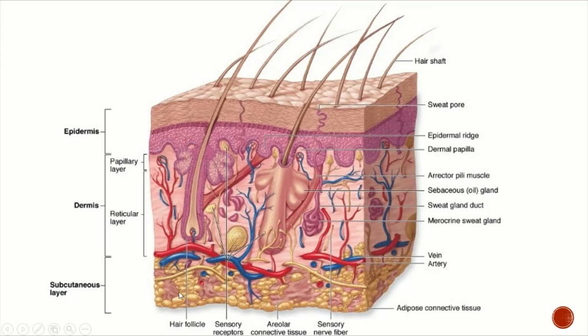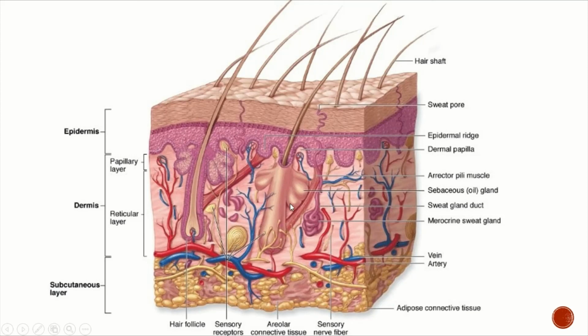The subcutaneous layer has fat tissue and connective tissue. The dermis has, on the subcutaneous layer, that's where the blood vessels and nerves travel. Then on the dermis, we have the hair follicles with the sebaceous glands over here, and the sweat glands.